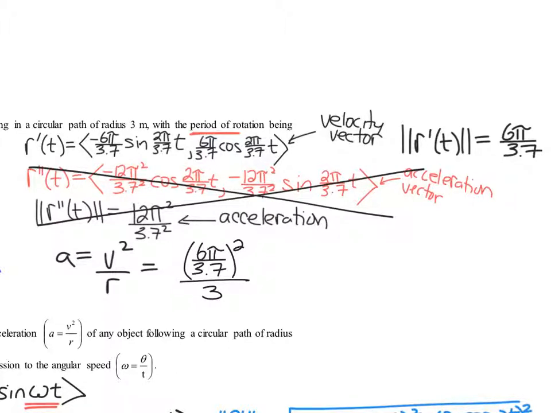All right, and that's going to give me my acceleration, which we can then pop into the F equals ma. All right, so I'll just get this up here. Six pi squared.